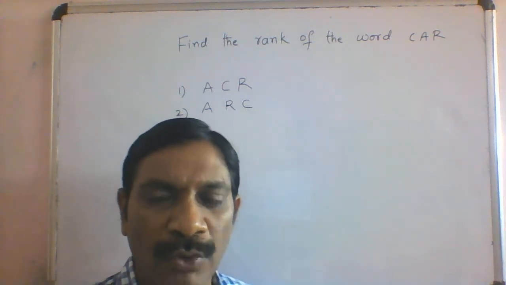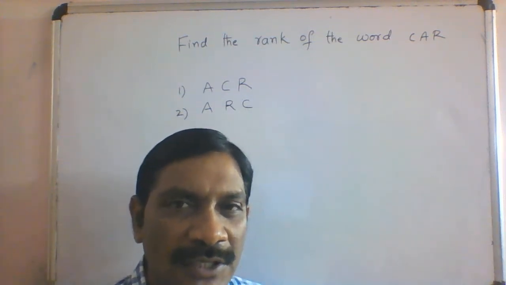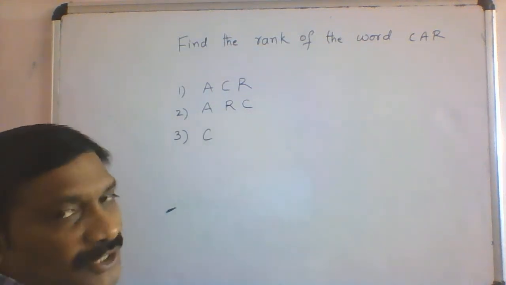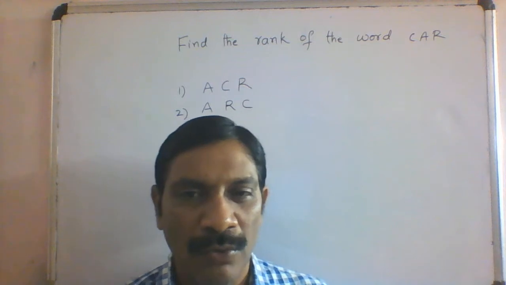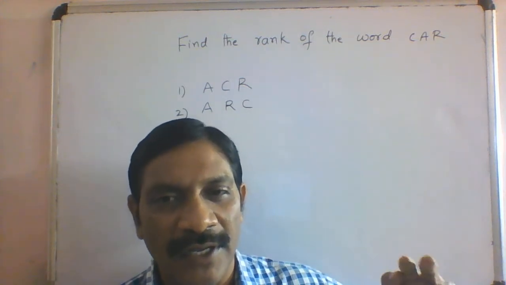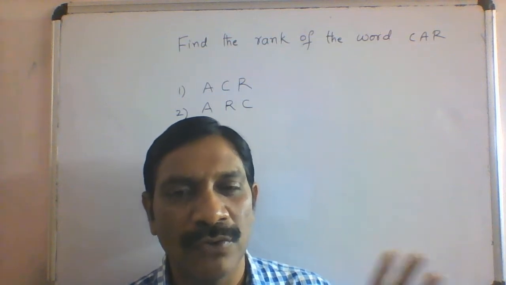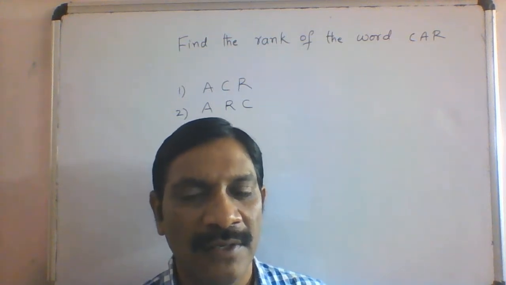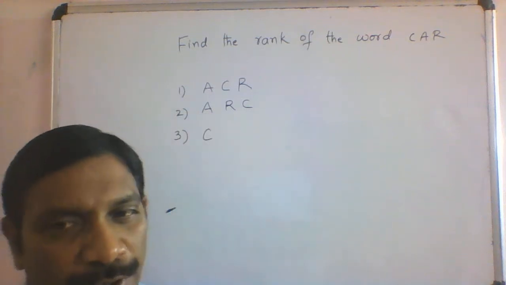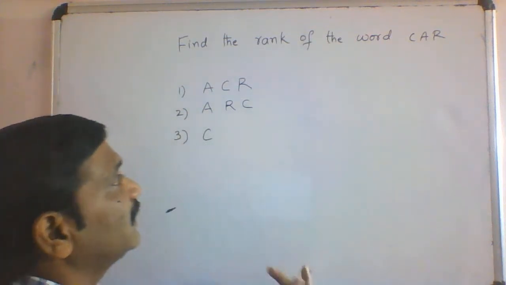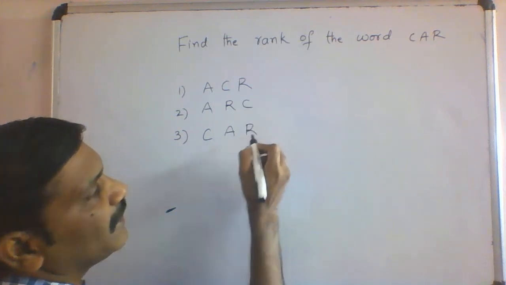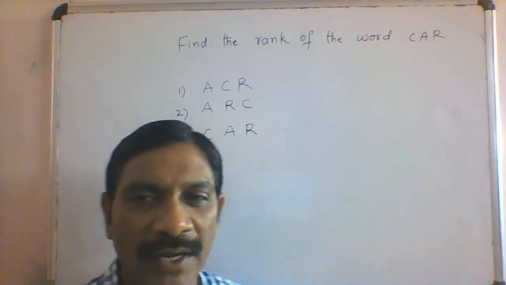Now, according to alphabetical order, C should come in the starting place. So C. Now words starting with C have started. In the remaining places also we have to follow alphabetical order. So if I start with C, according to alphabetical order, the letter which comes next is A, and the remaining is R. CAR.